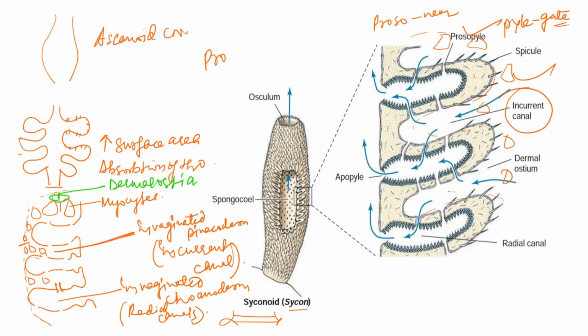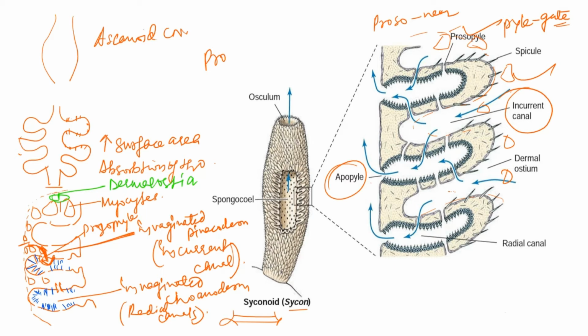The pores which are near the body wall are called prosopyle, and the ones which are away from the body wall are called apopyle. So from the prosopyle, the water is entering into the radial canal. Here you have the prosopyle. Inside the radial canal you have choanocytes, and they are going to absorb the water because the number of choanocytes here has increased due to the enfolding of this choanoderm.